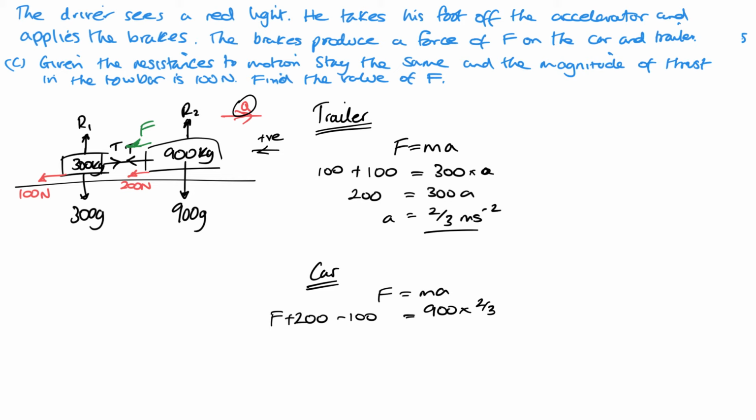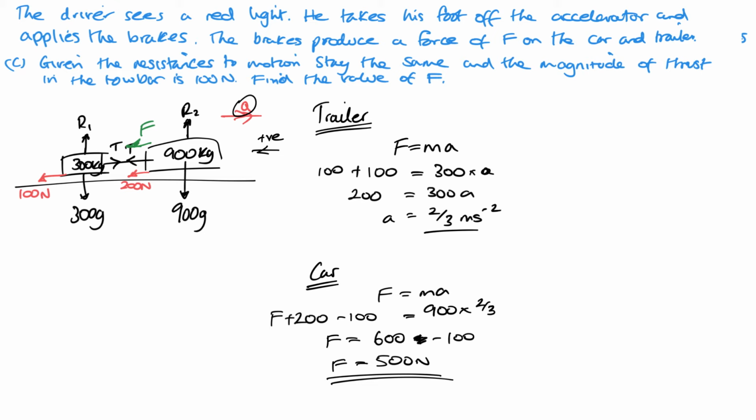Now simplifying this, we get F equals 2/3 of 900, which is 600, and then 200 minus 100 was 100. So sorry, it's not plus, it's minus 100. So F equals 500 newtons. So the braking force is equal to 500 newtons.